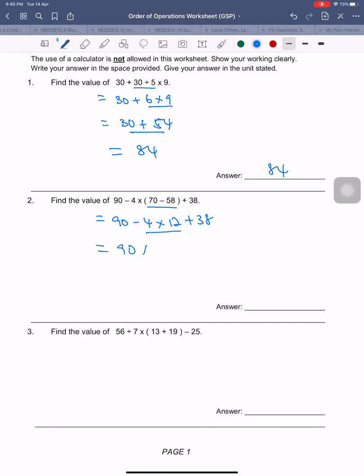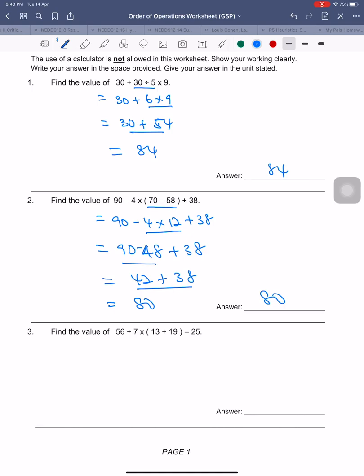So 90 minus 48 plus 38. Now you have subtraction and addition. Rule number 3 says do left to right. So 90 minus 48, 42, plus 38, and that's the answer, 80.